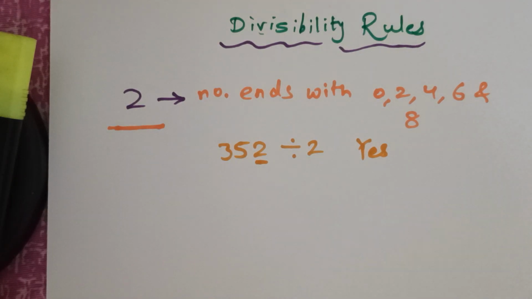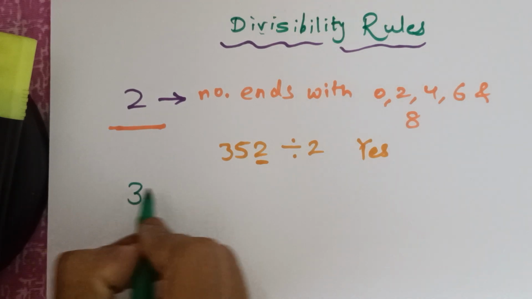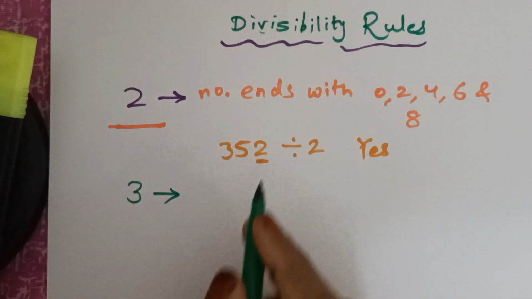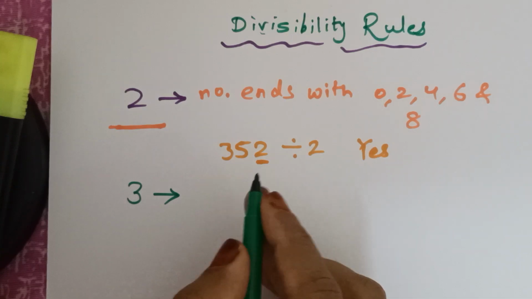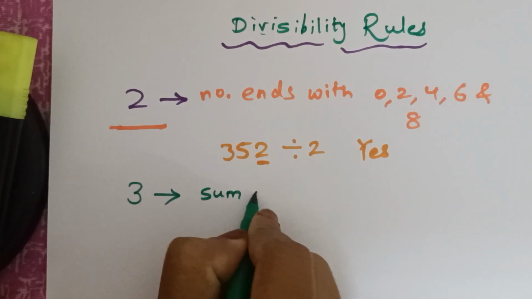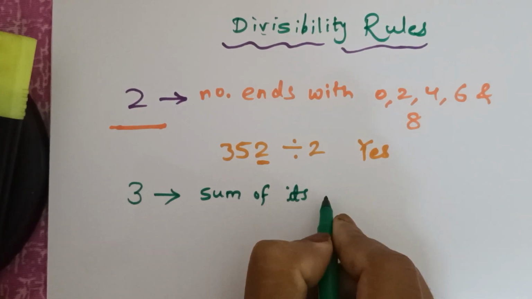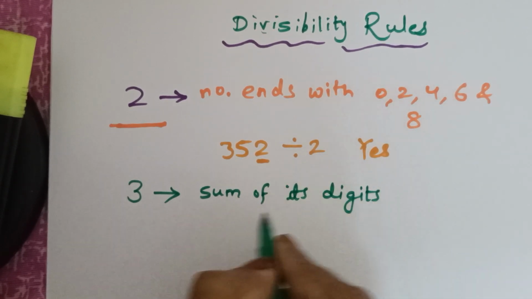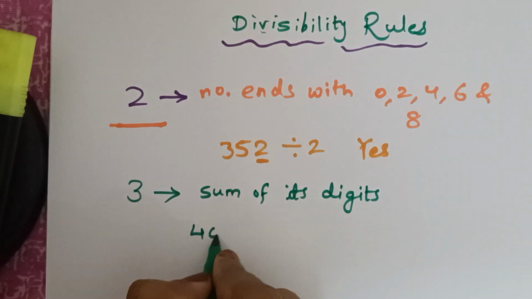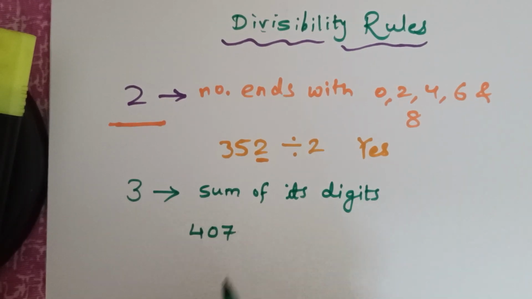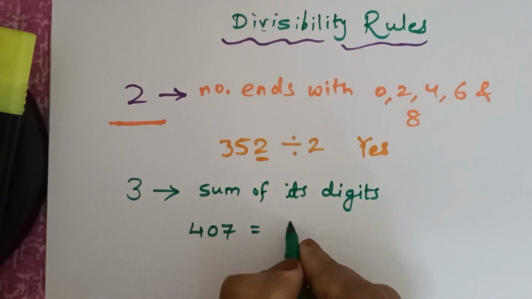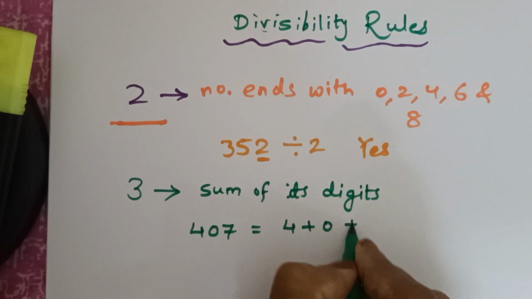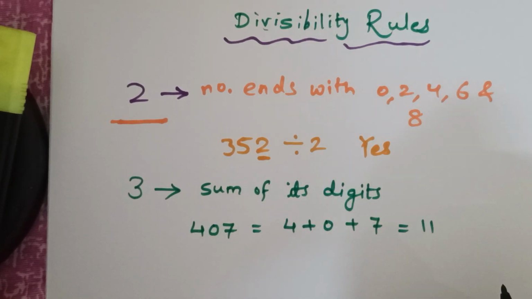Next, we will check whether a number is divisible by 3. So how to check the divisibility rule of 3? If the sum of its digits, the sum of digits of any number, is divisible by 3. For example, my number is 407. I add all its digits, 4 plus 0 plus 7, and I get 11.